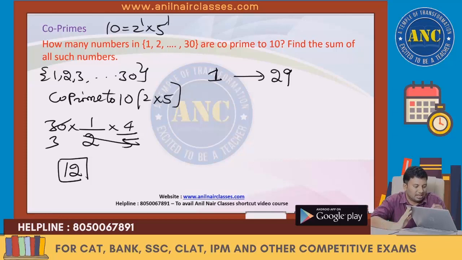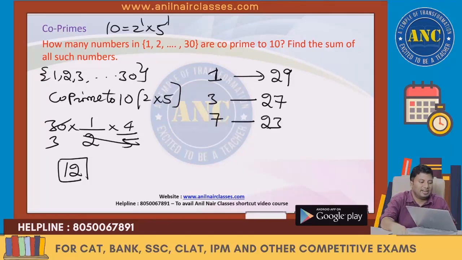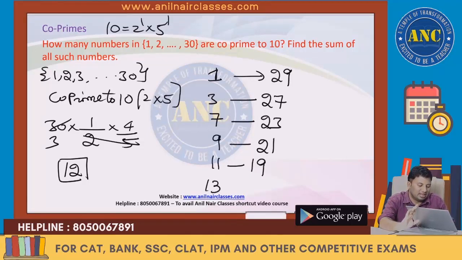Next it is 3, and 3 and 27 is possible. 4 is divisible by 2, 5 is divisible, 6 is divisible. 7 is paired with 23. 8 is divisible by 2, so it is not. Then 9 and 21, 11 and 19, 13 and 17. These are the cases.